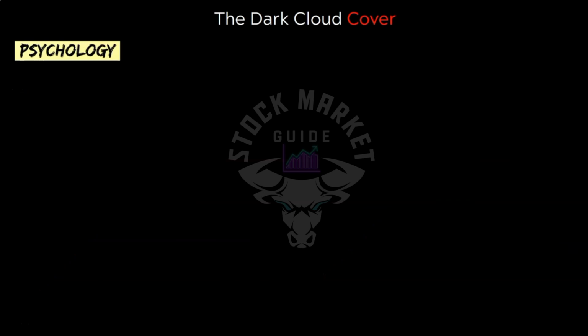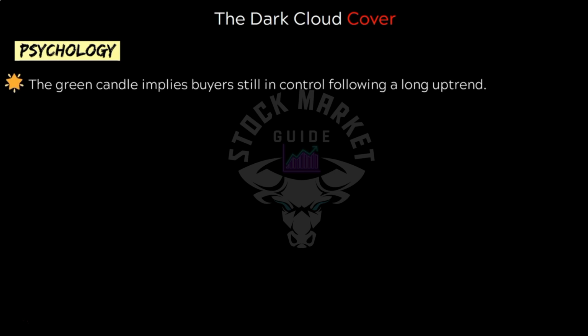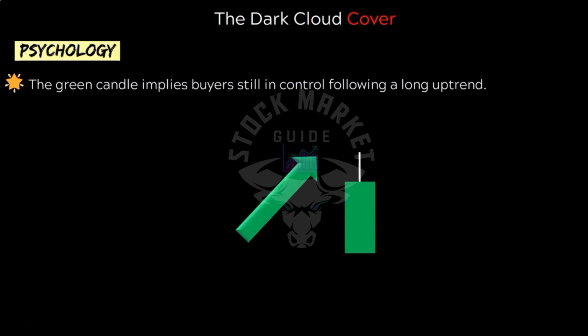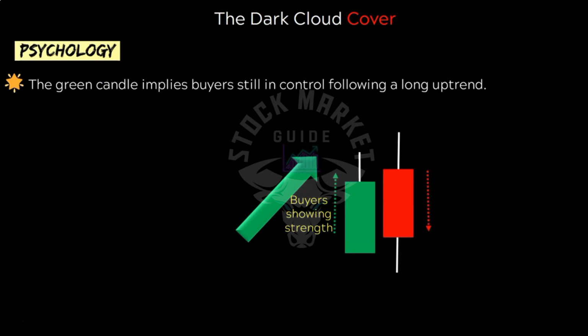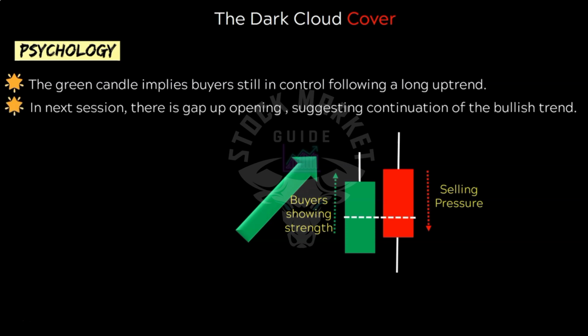Let's look at the psychology behind the formation of this pattern and why it leads to reversal. Friends, as the trend is up, the bulls are in full control, and the first green candle of the pattern also indicates the control of bulls. In the next session, the market has a gap up opening and the candle opens above the high of the green candle, which shows that the bulls are still in control and may take this rally forward.